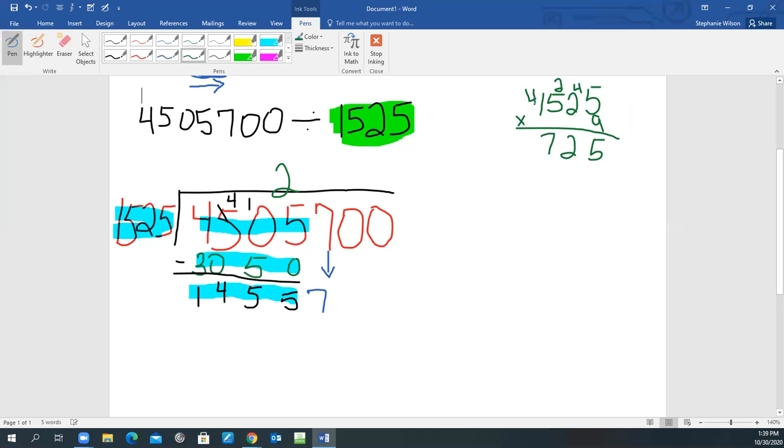Carry the 4. 9 times 1 is 9, plus 4 is 13. I'm going to put my 9 because it didn't bust. It didn't go over this 14557. I'll put my 9 there, and let's bring our 13,725 here.